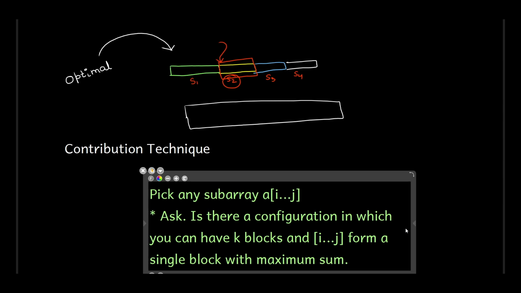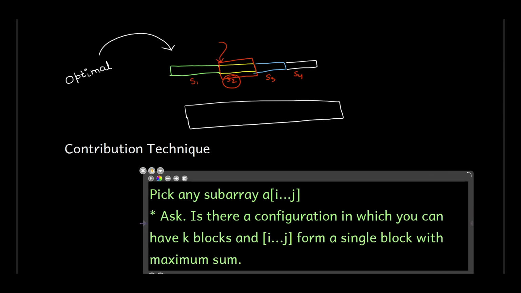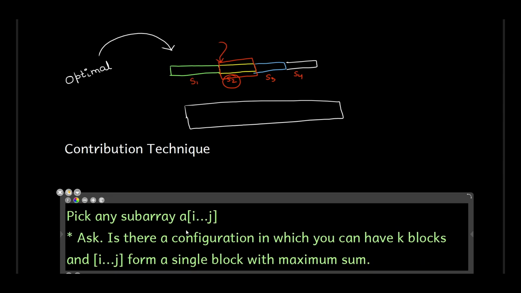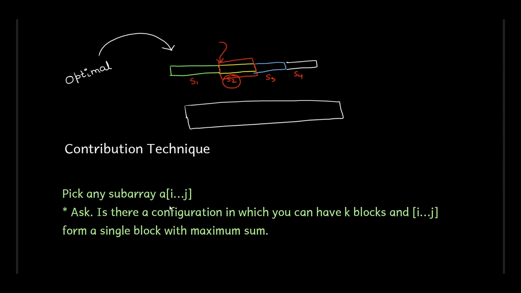If you can try out this contribution technique for all the possible subarrays, then you would have definitely gotten your answer. So this S2, we do not know where the block starts and where the block ends.